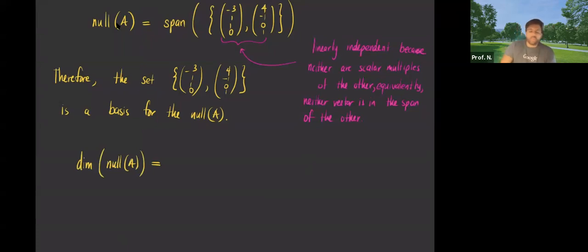Eight. Whoa. That's a lot. You can't have a dimension of a subspace be 8 if the overlying space has dimension 4. You can never have more. A subspace can only have less. So remember, the number of vectors in a basis tells us the dimension of the space. So the dimension of the null space is 2.